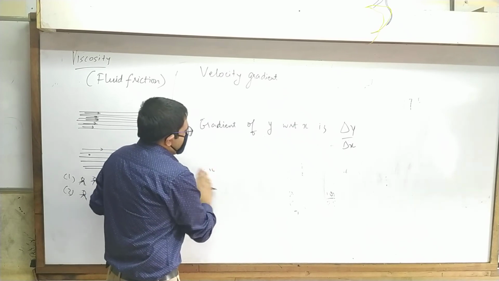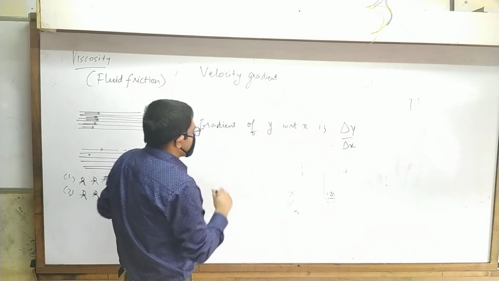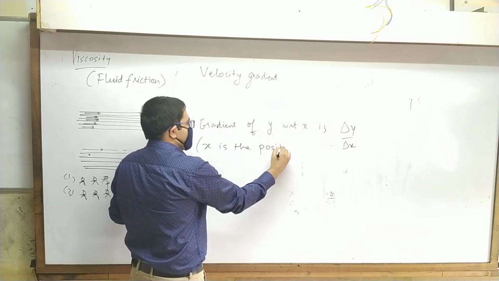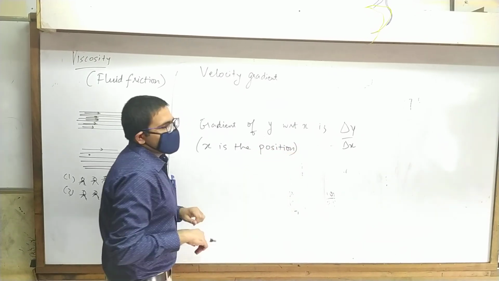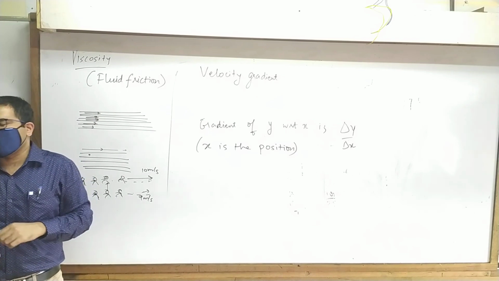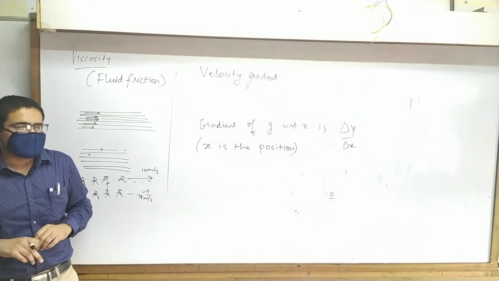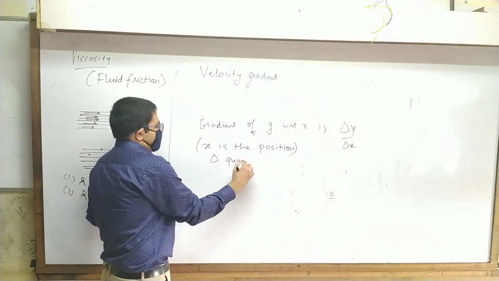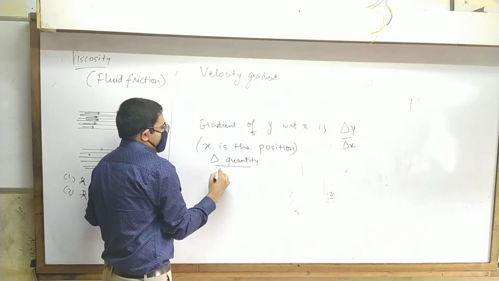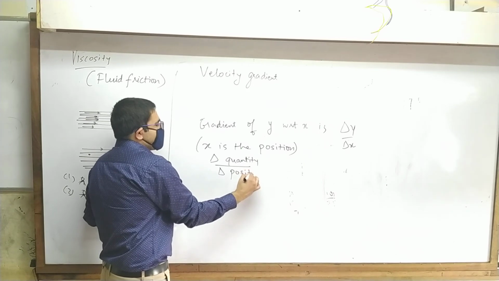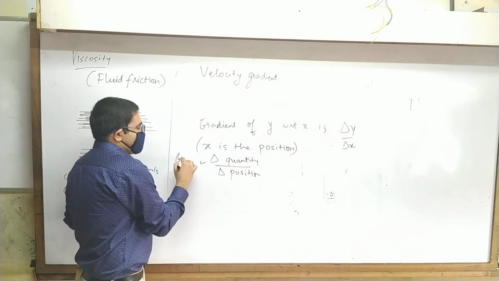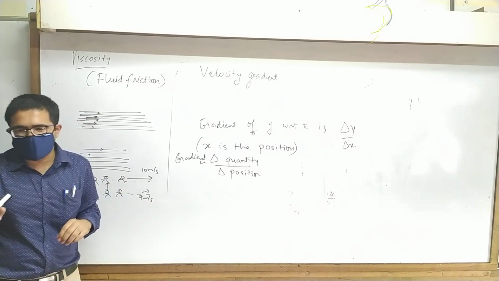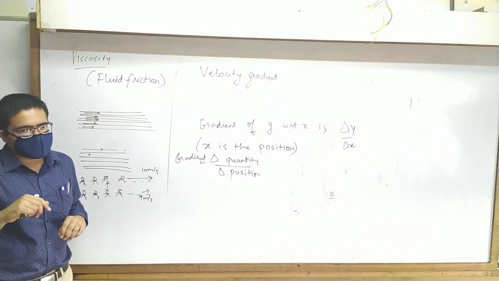So when we say gradient of y with respect to x, x must be the position. That is, when you take the change of some quantity and divide by the change of position, this thing is called gradient. Delta v by delta t is not called gradient, it is an average acceleration.